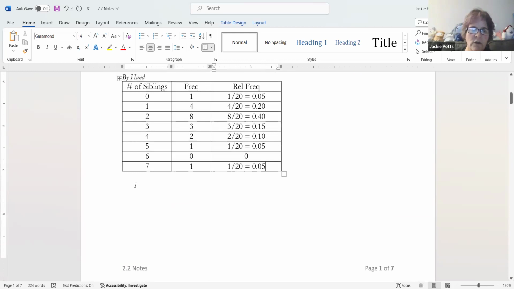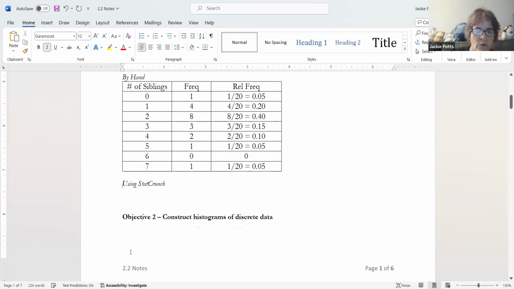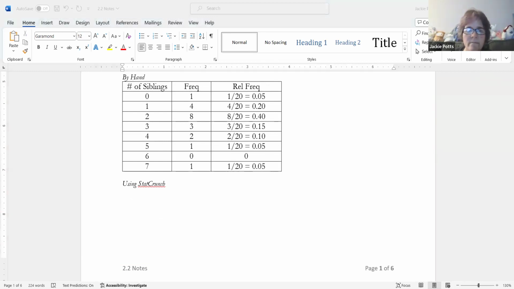The next thing it says to do is do it with StatCrunch. Do you remember how we did it with StatCrunch? Well, over we go. There's our siblings. So, Stat, Tables, Frequency.